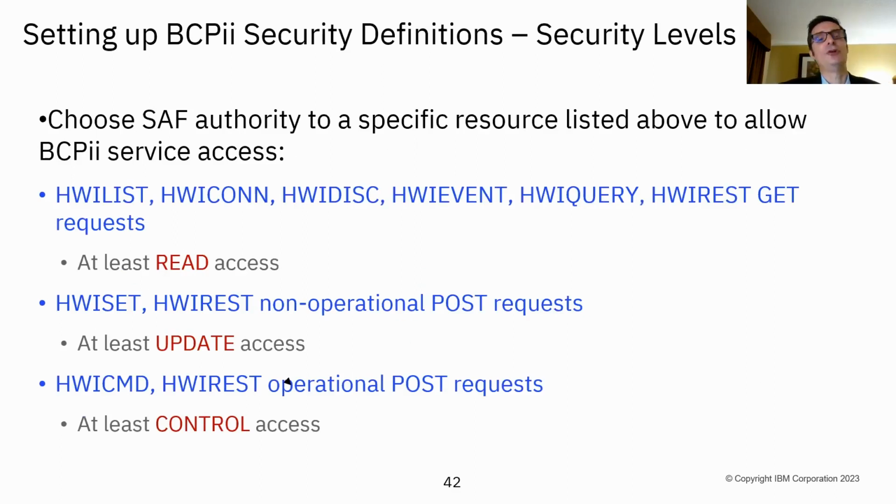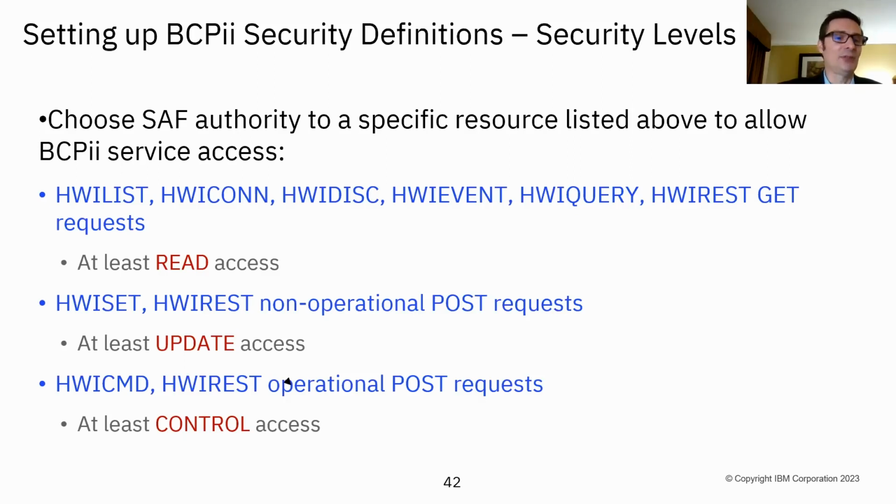And then when I give them authority to that particular profile, I can give them read, update, or control authority. Read says I can issue these sets of services to that particular entity that I'm defining.